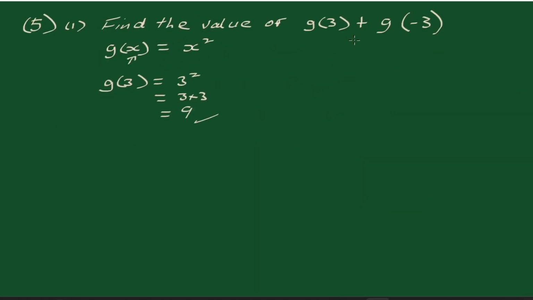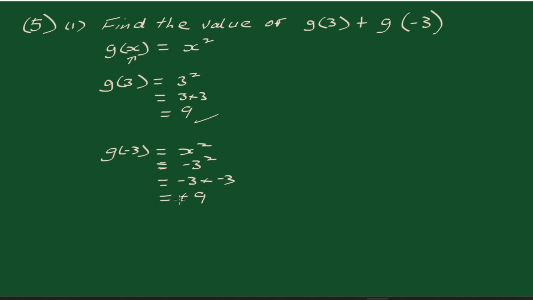Okay, so the question asks us to find the function g(3) plus g(-3). So we need to work out g(-3) also. G(-3): anywhere in the function of g where we see x, we will replace it with negative 3. Negative 3 squared is equal to negative 3 multiplied by negative 3. 3 3s are 9, and a negative by a negative is a positive answer.